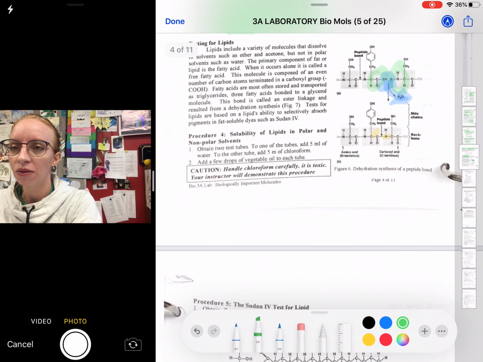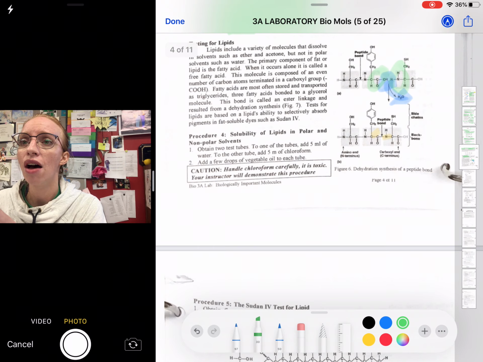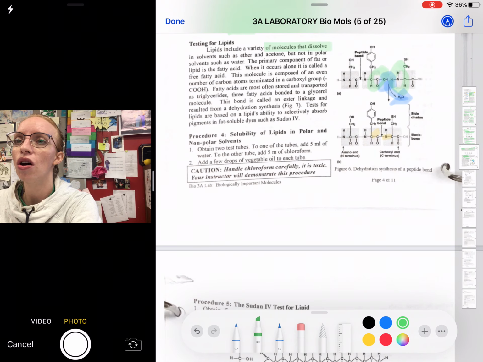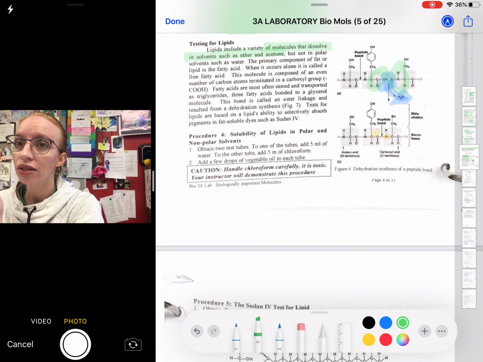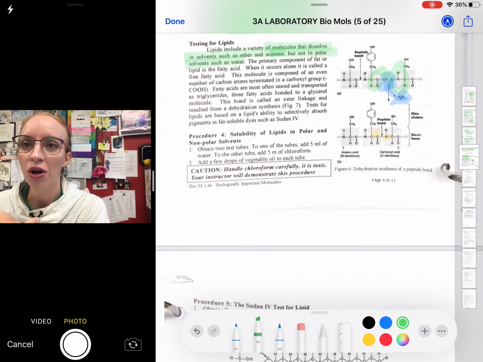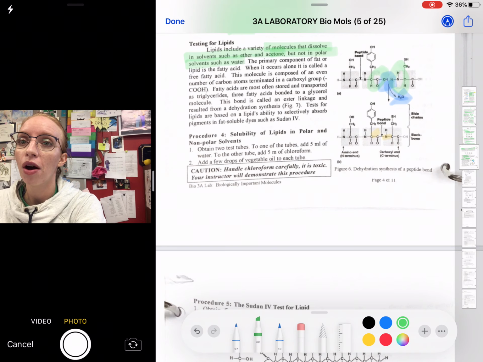Let's look at lipids. Lipids are a bunch of molecules that dissolve in solvents such as ether and acetone, but they do not dissolve in polar substances such as water. As you know, oil and water do not mix. You also need to know that the primary component of fat or lipid is the fatty acid, and that is mostly carbon-hydrogen chains.